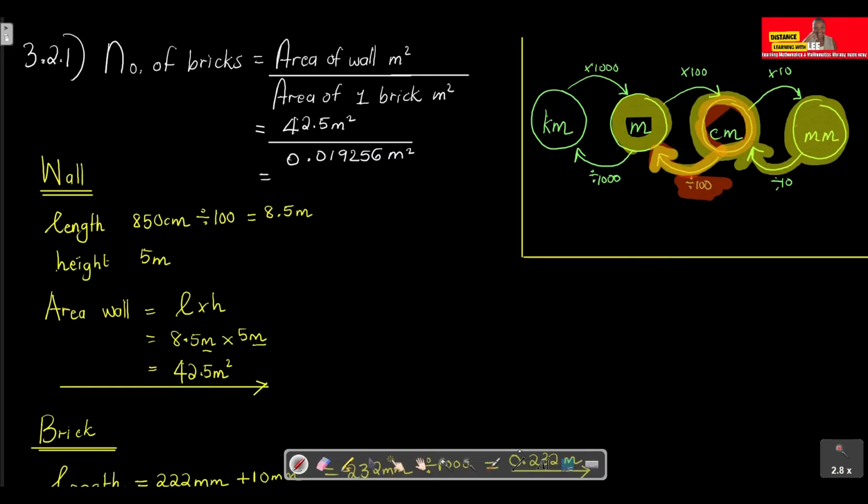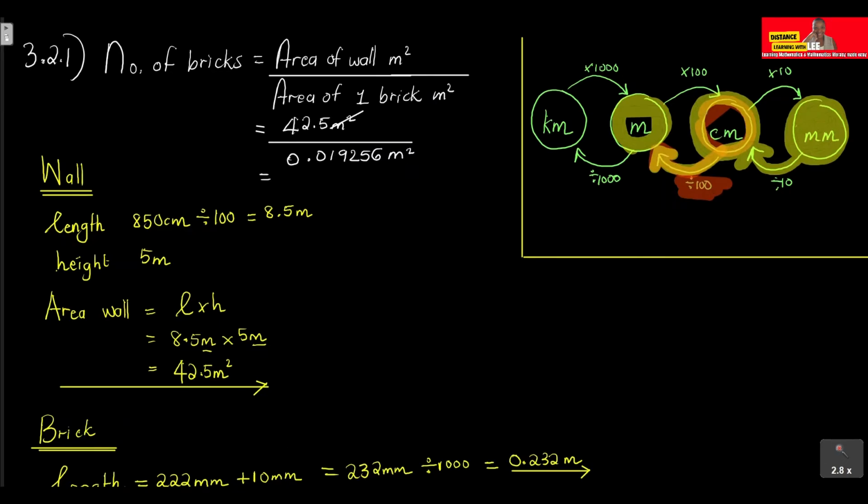What are you noticing here? We see that the units for meter squared and meter squared cancel. So the answer does not have any units. It's just the number of bricks that you will need. So if you take 42.5 and divide it by 0.019256, you will get that you need 2,207.104279 bricks.